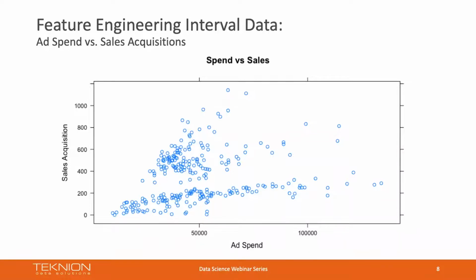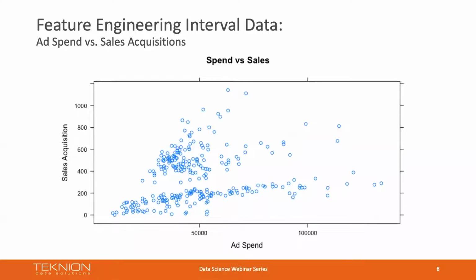Okay, so we have advertisement spend, all the way up to $50,000 and $100,000, and we have basically our return on investment or sales acquisitions up on our y-axis. Okay, and we can see that we have quite a bit of spread when we're at $50,000, but as we get out to $100,000, the return on investment is not near as good.